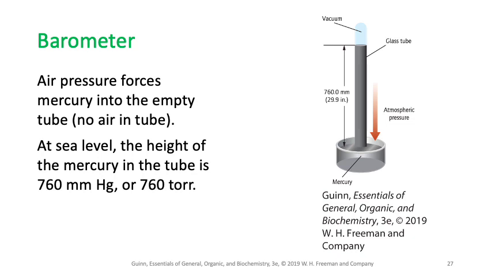This instrument consists of an inverted glass tube, and then we have mercury that is filled in the plate on the bottom, and the inverted glass tube is inside the plate that has the mercury. If you fill that plate full of liquid mercury, Hg, then what's going to happen?